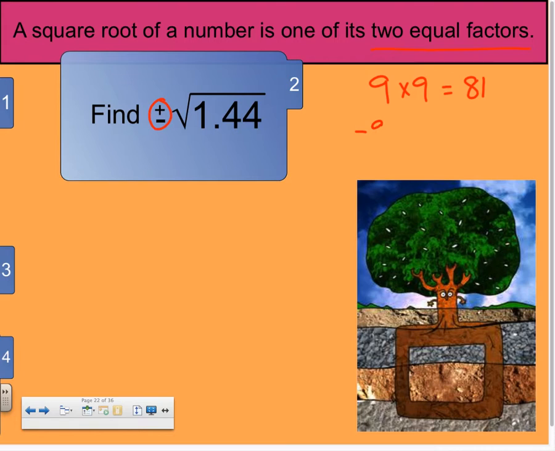If I do negative 9 times negative 9, I also get 81. So the square root of 81 could be positive 9 or negative 9. So this symbol here, plus or minus, simply means the positive or the negative square root.